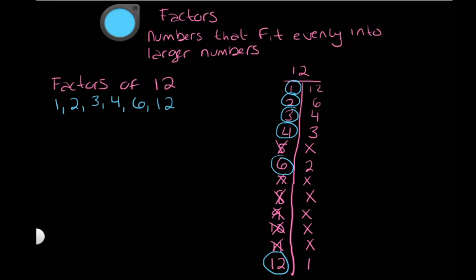So chances are if you know your times tables, you knew that these were the numbers before I even wrote this out, okay? And that's why knowing your multiplication tables off by heart is helpful. So otherwise, you're going to want to do a chart like this. There is also an online common factor calculator, which is at mathisfun.com.